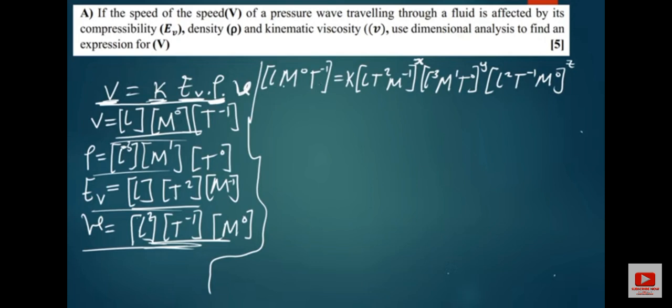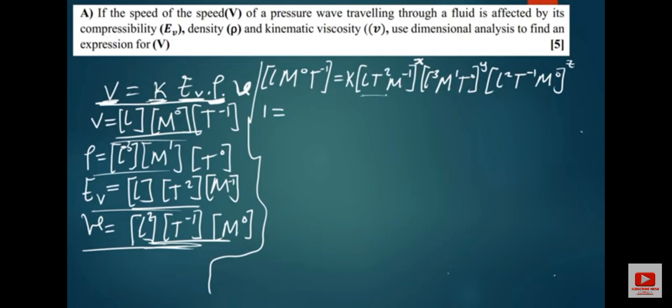So when we take the powers of L, the power of L on the left is 1. Then we say this is equal to the power of L on the right.